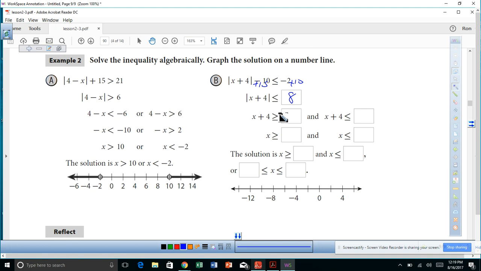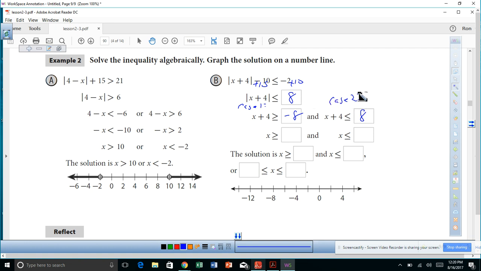So you're going to have case 1, which is just how it is, and then case 2, the opposite. So x plus 4 is, notice how, well, case 2 is the opposite, -8, and then +8.